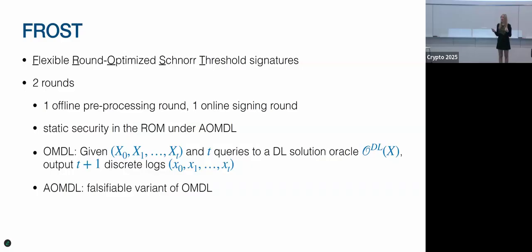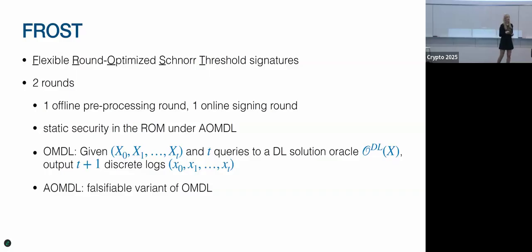So just to recall, the classical OMDL assumption is you're given a set of group elements, x0 to xt, and you have access to a discrete log oracle, which gives you the discrete log of a group element of your choice. So the adversary has t-time access to this oracle, but it must output one more discrete log, so t plus 1 discrete logs.